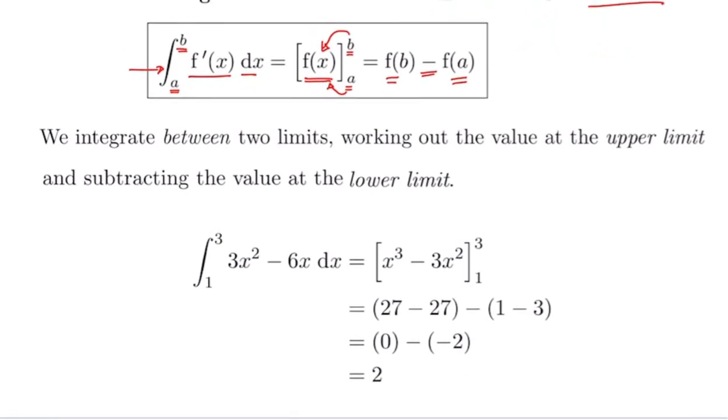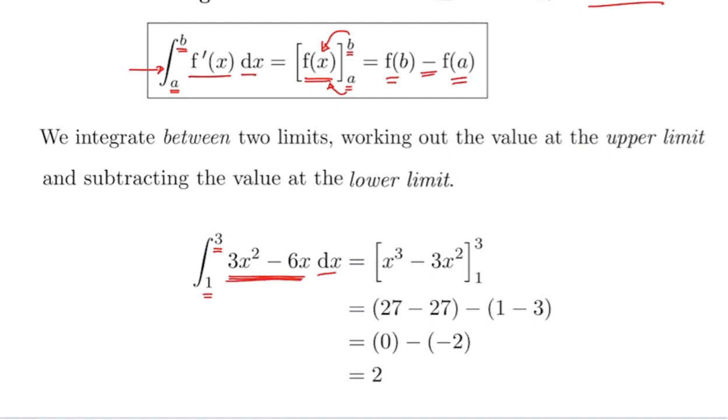So we integrate between the two limits, working out the value at the upper limit and subtracting the value at the lower limit. You can see we're doing the integral between the limits of 1 and 3 of 3x squared minus 6x with respect to x. So this is our integrand, that's what we are integrating.